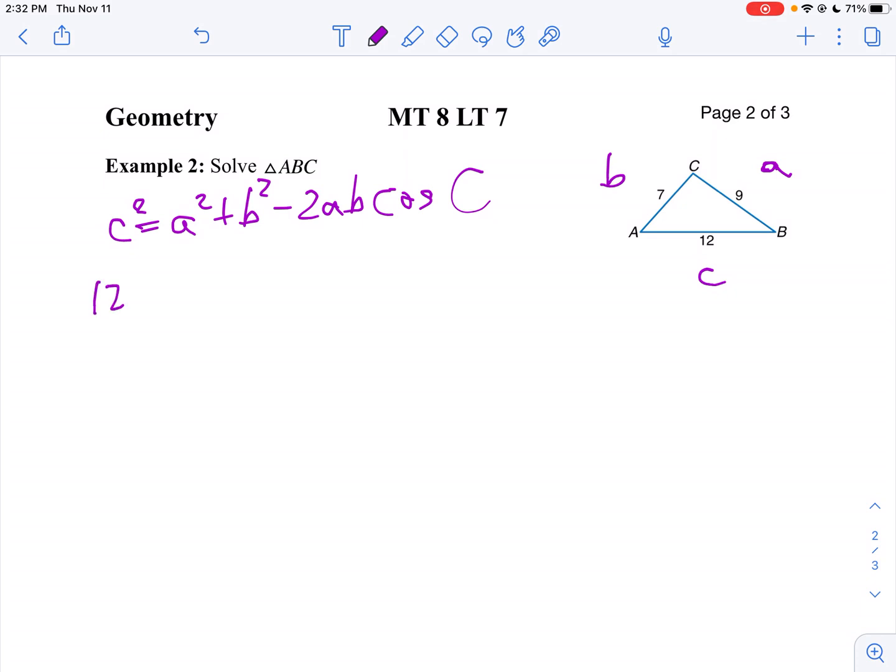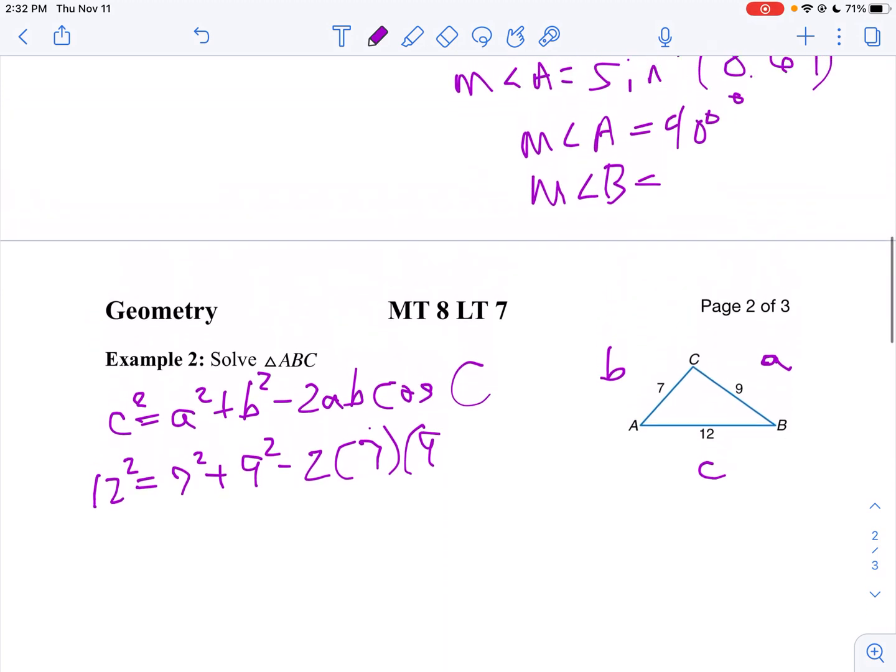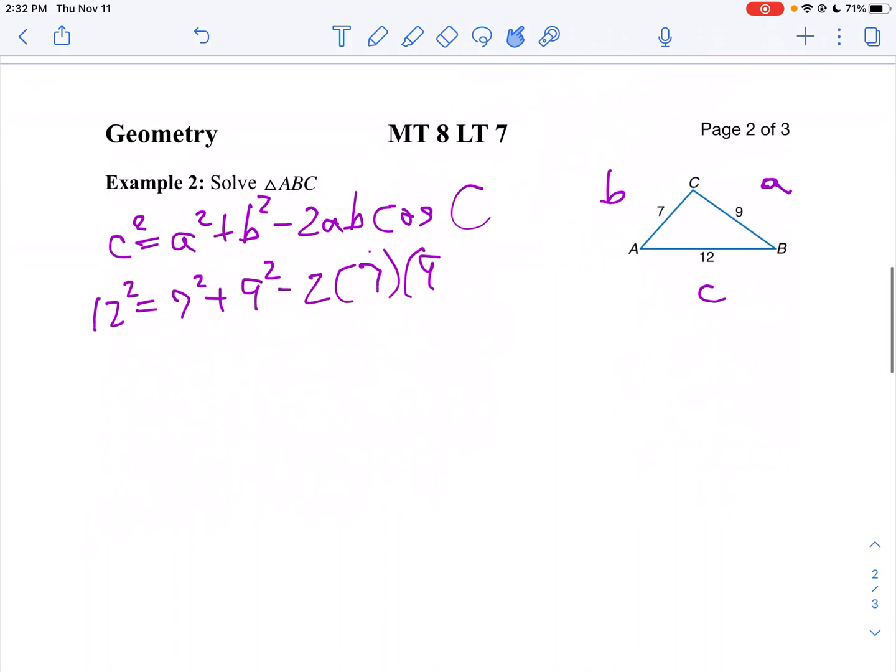So 12 squared equals 7 squared plus 9 squared minus 2 times 7 times 9 times the cosine of C. So I'm going to solve for angle C.